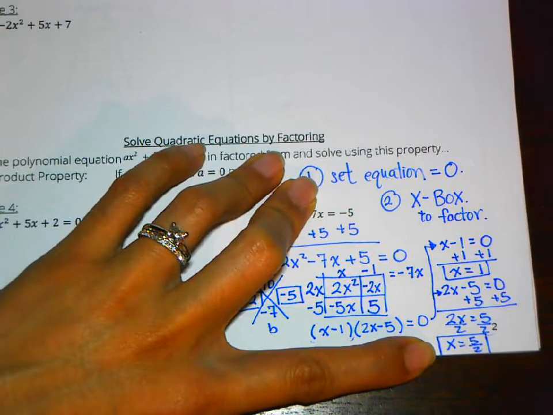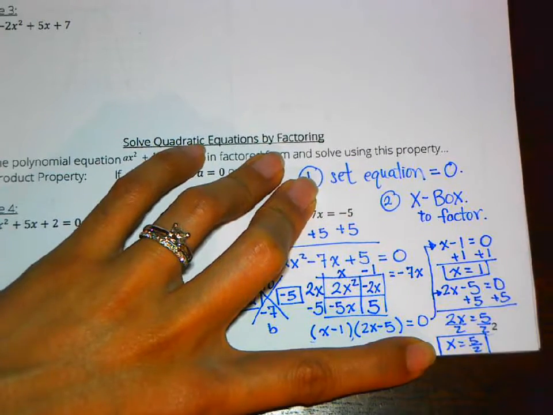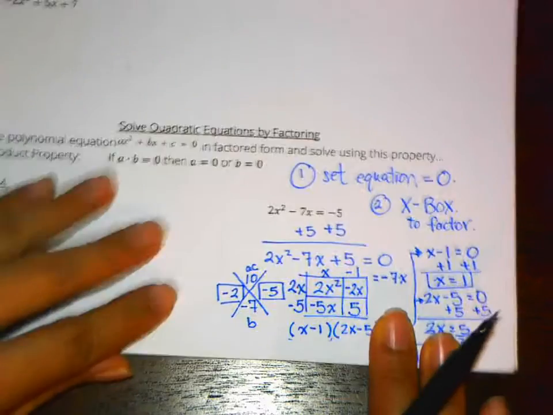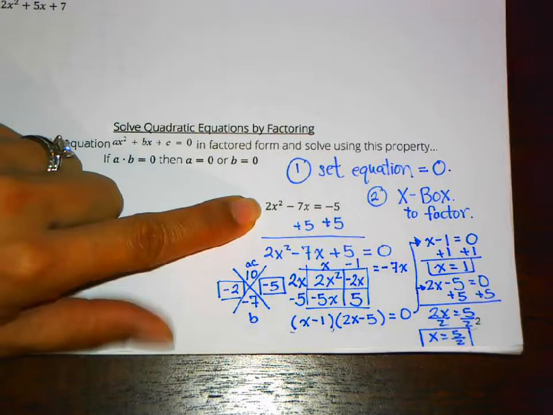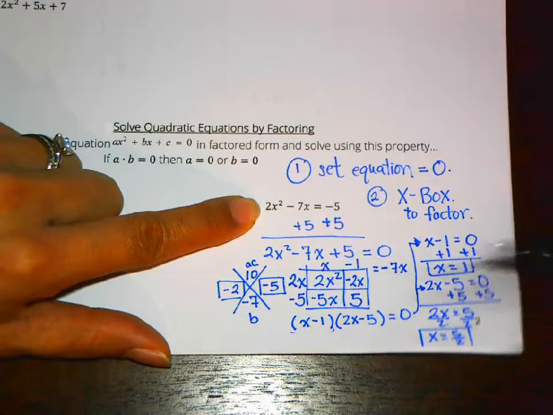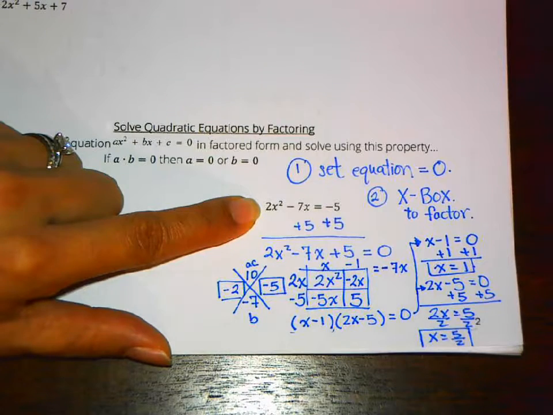You don't need to rewrite it as a decimal. So you have two answers, x equals 1 and x equals 5 over 2 for this equation right here, 2x squared minus 7x equals negative 5. You can always check your answer by taking your x value, plugging it back in, and working it out to see if it equals negative 5.